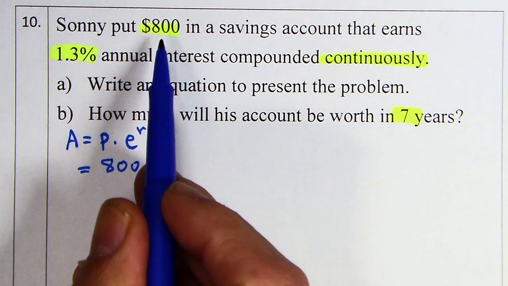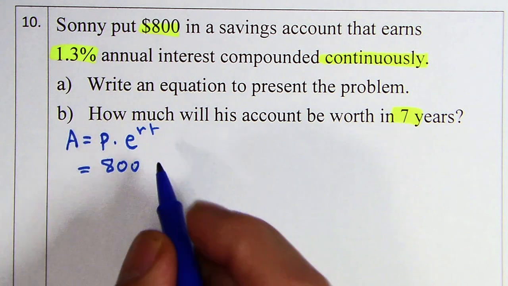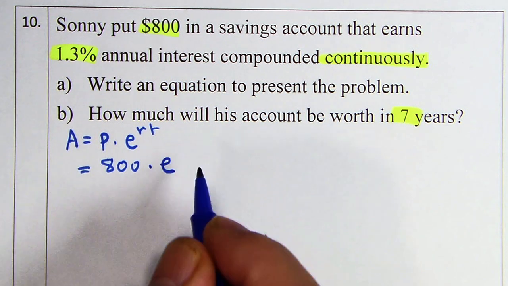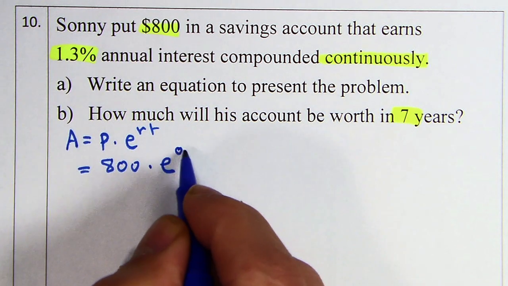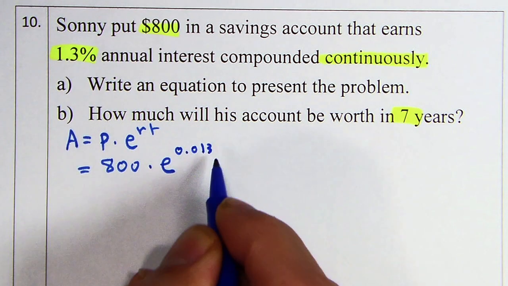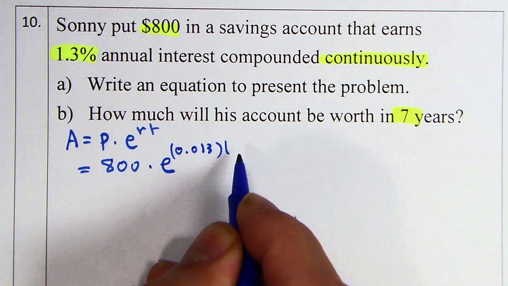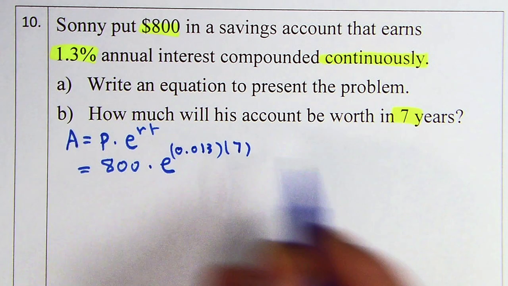That's my investment, times e to the power, the interest rate 1.3 as a decimal will be 0.013. We need to multiply that by 7 years. t is 7 years.